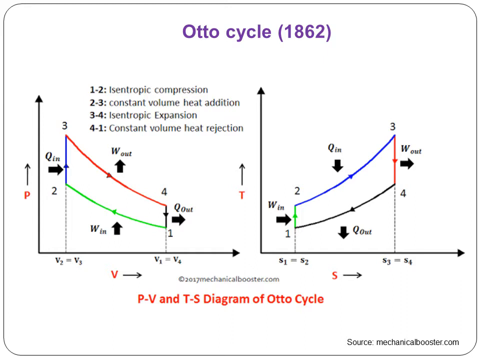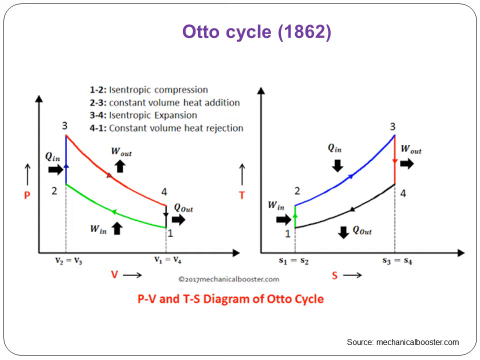So there are only 4 processes, and these 4 processes don't consist of intake and exhaust. So this is a closed cycle. It is also a reversible cycle, so all the processes in this cycle are reversible processes.